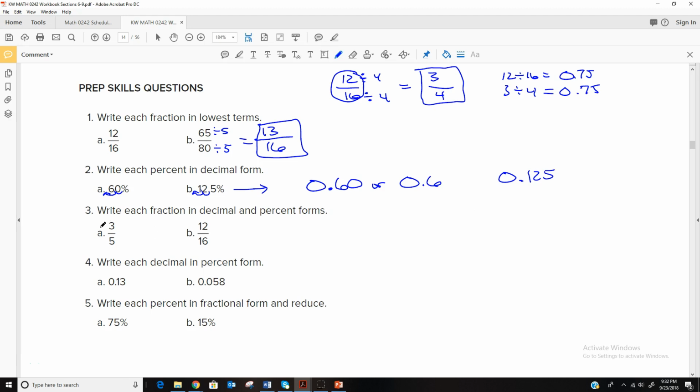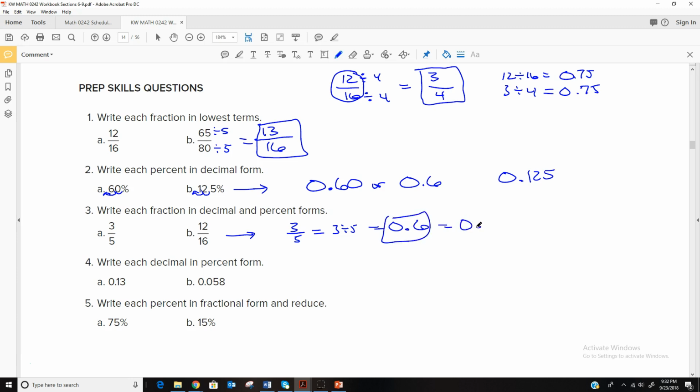And then if I want to write each fraction in decimal and percent forms, 3/5, if I divide 3 divided by 5, I get 0.6. And we actually already had that up here, but we'll go through the process. So 0.6 is the decimal form.